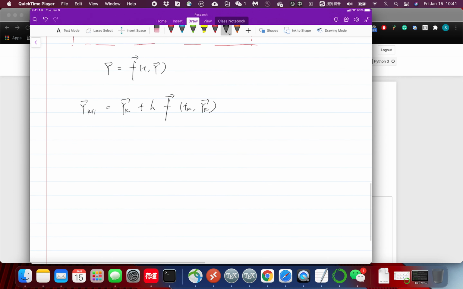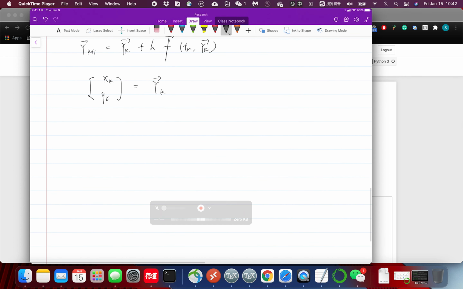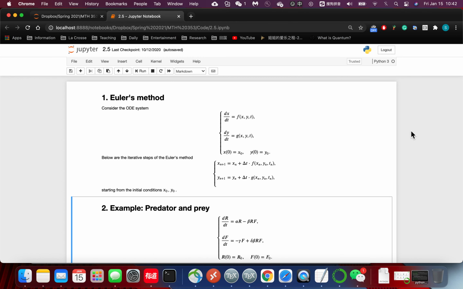Here Yk is nothing but the two values put together. Then this one looks exactly the same as the one-dimensional Euler's method, except you replace all the scalars by a vector.